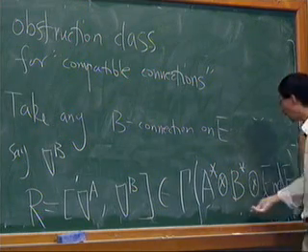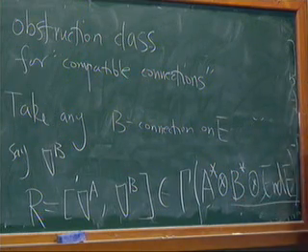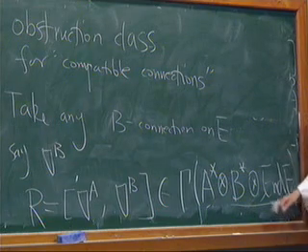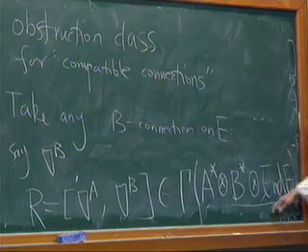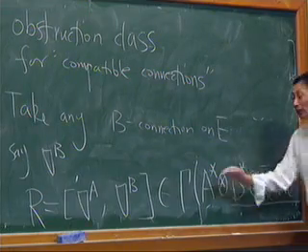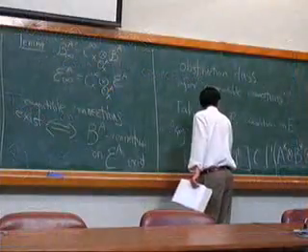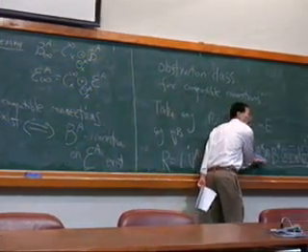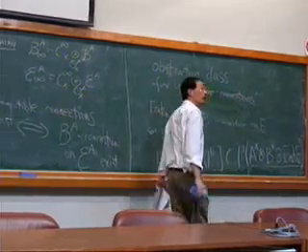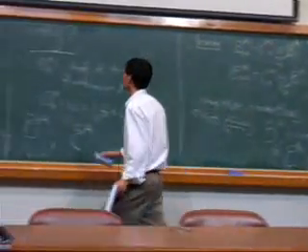Now this is an A module, because we assume B is an A module and E is an A module, so the whole thing is an A module. You can check, this is obvious and very simple to check, this is a cocycle with respect to the Lie algebra differential of A, and therefore defines a class. This is the obstruction class.